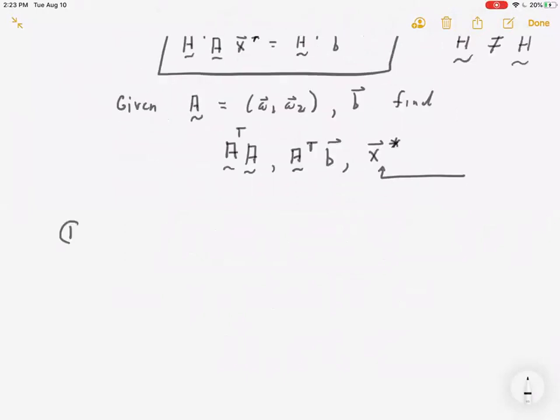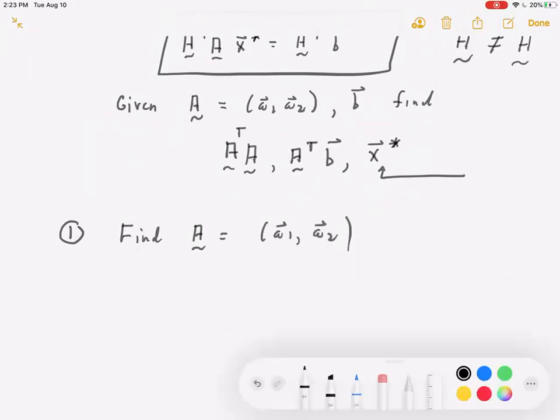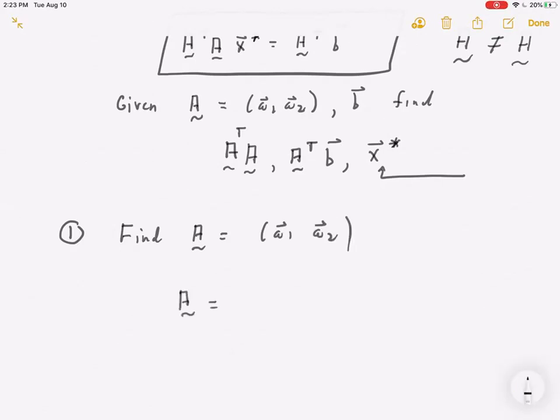So let's go through this one step at a time. So in our menu of things to do, the first thing we need to do is figure out what A is. And that's pretty easy, right? We were told A sub 1 and A sub 2. And so here they are.